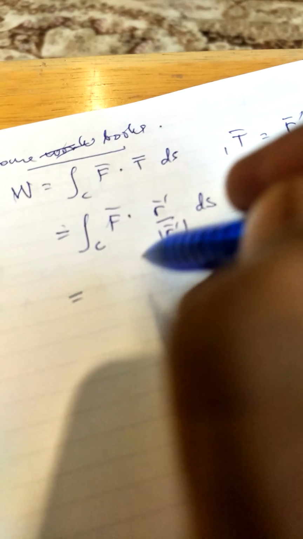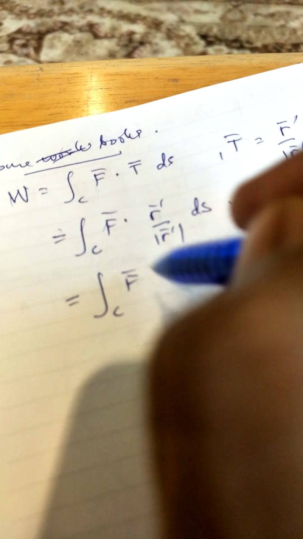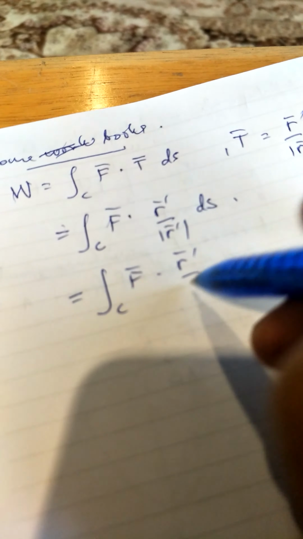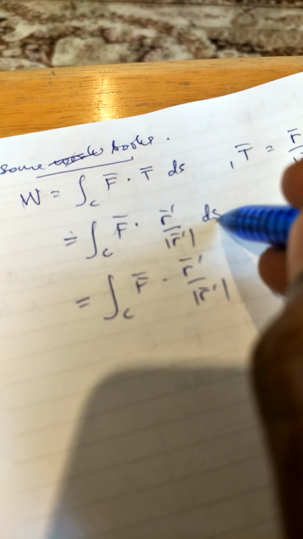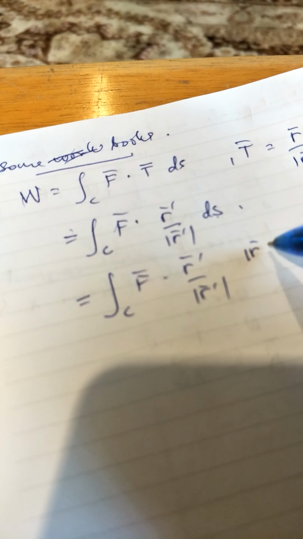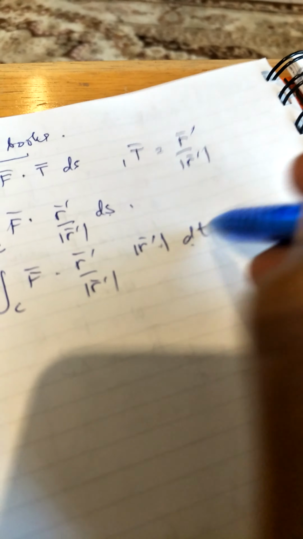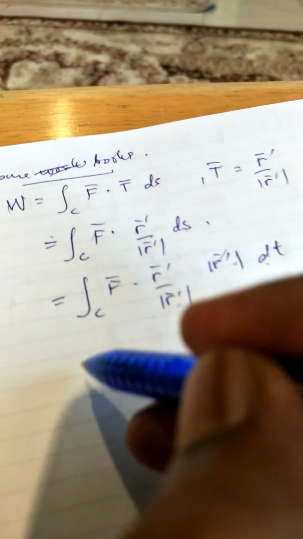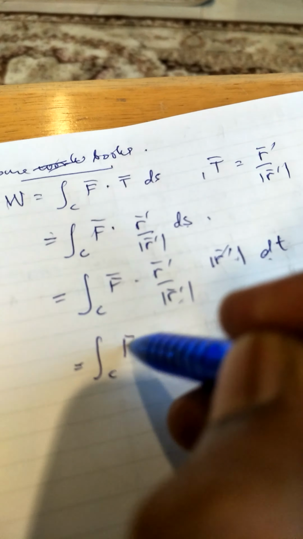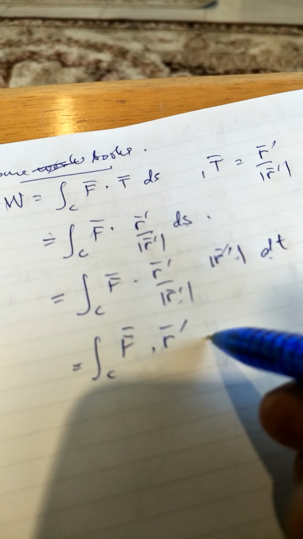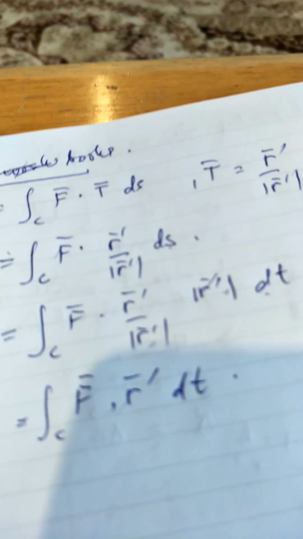So we have F dot R prime over magnitude of R prime, times magnitude of R prime dt. If you cancel out those things, that gives you F dot R prime dt.